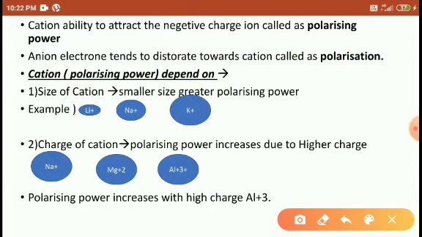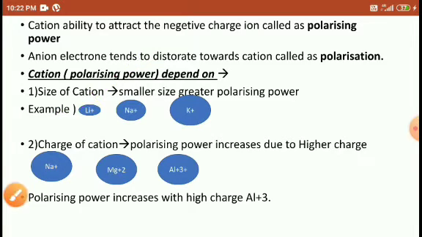That's why small size means strong polarizing power.